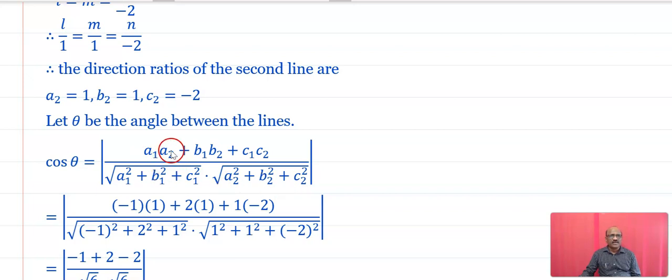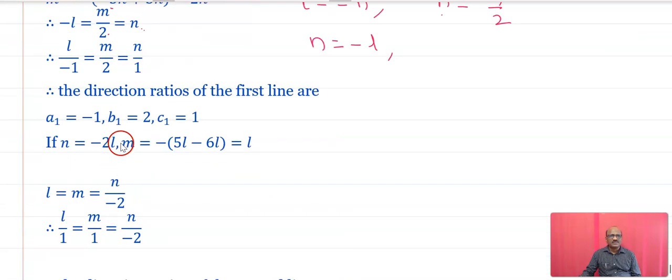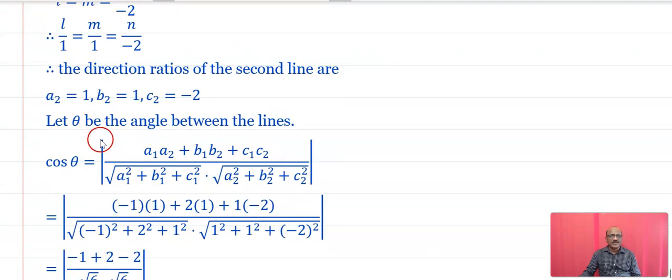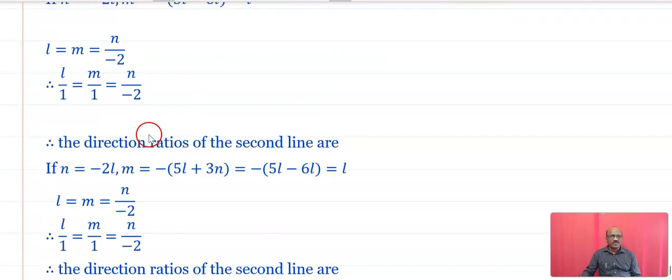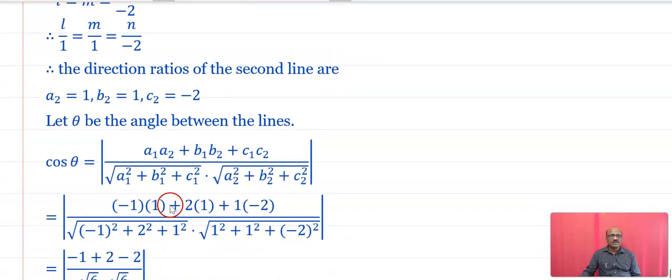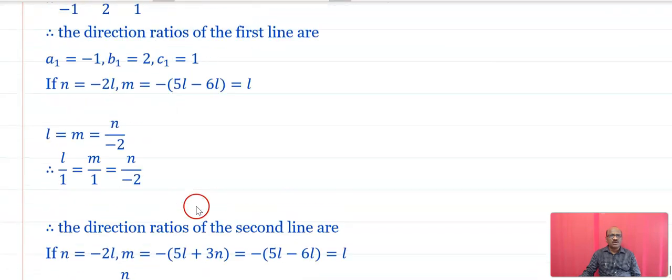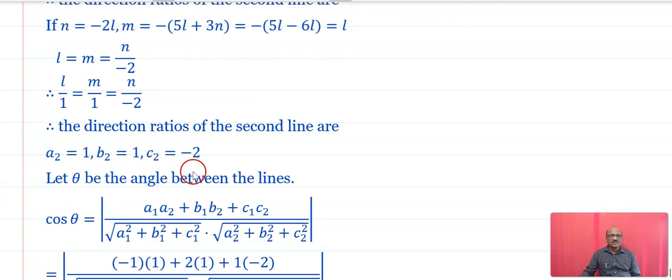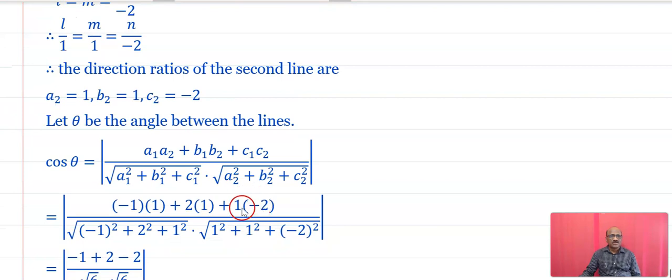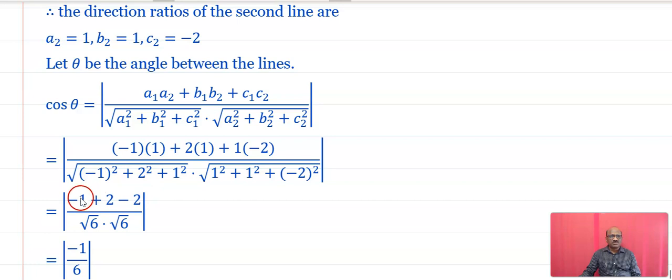Substitute the values. a1 is minus 1 and a2 is 1, so minus 1 into 1. b1 is 2 and b2 is 1, that is 2 into 1. c1 is 1 and c2 is minus 2, upon root of minus 1 square plus 2 square plus 1 square into root of 1 square plus 1 square plus minus 2 square. Their multiplication is minus 1 plus 2 minus 2, overall minus 1, over root 6 into root 6.